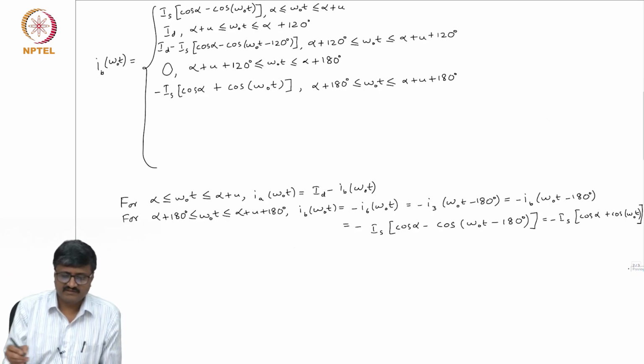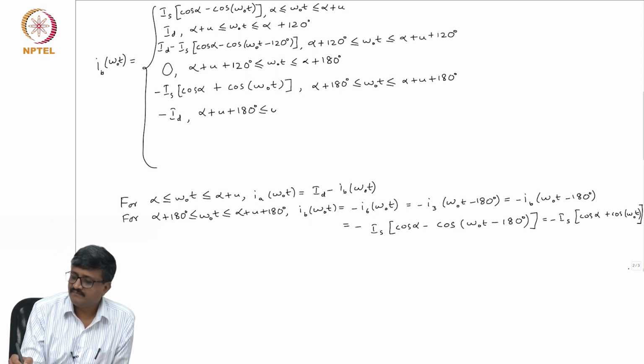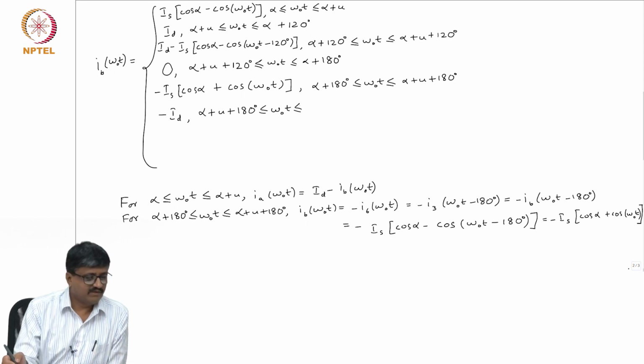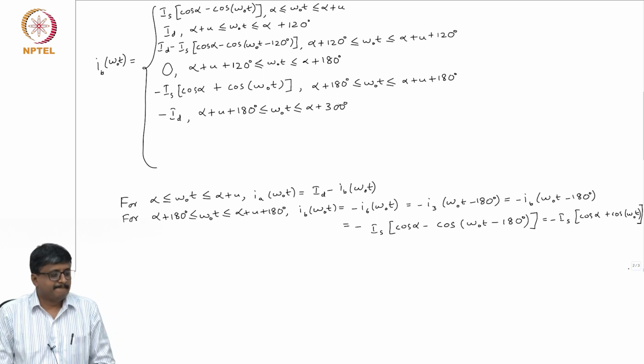So, the expression is minus ID for alpha plus u plus 180 degrees to alpha plus 300 degrees. Is that okay?